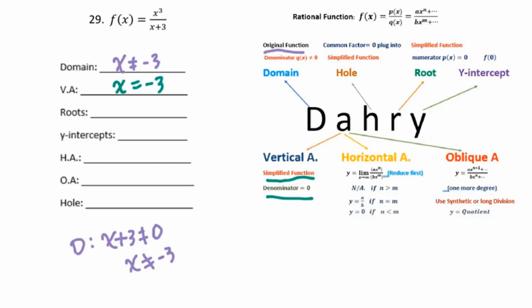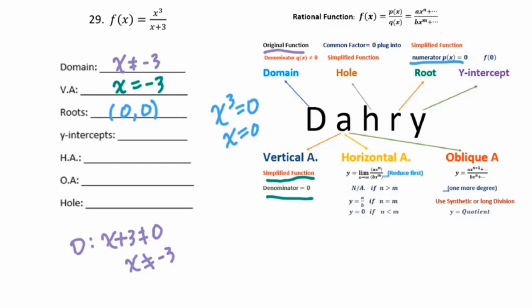For roots, set your numerator equal to 0. Therefore, we set up x to the third power equal to 0. Then x equal to 0. I will write down the coordinate.